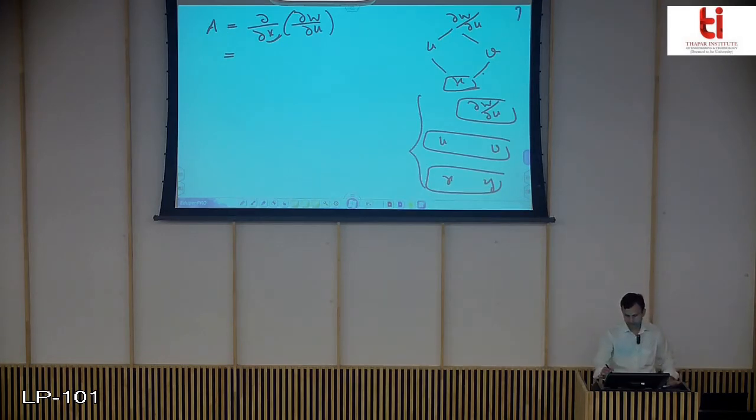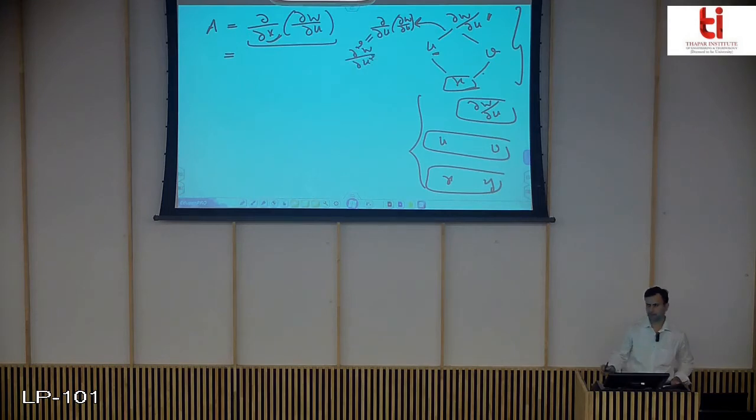Again, now you have this tree diagram, and it will help you find the derivative given in this equation A. First, the derivative of this with respect to u. This becomes del by del u of del w by del u. Either you write this one or del square w by del u square.